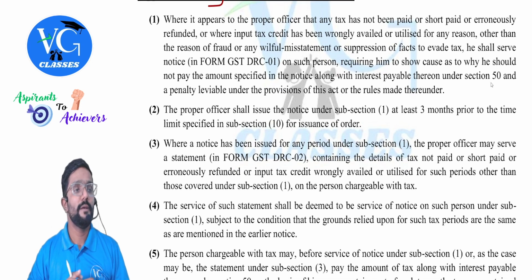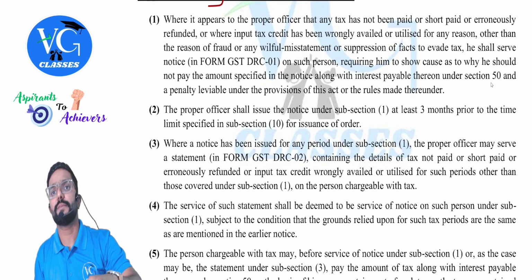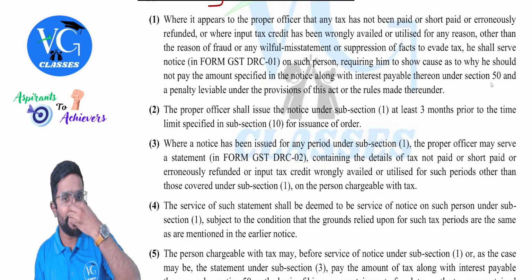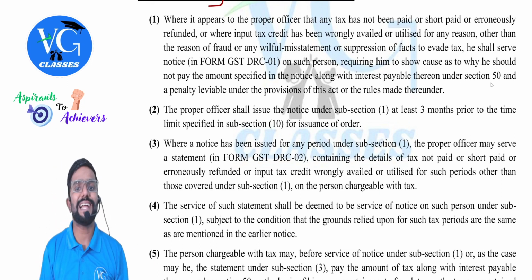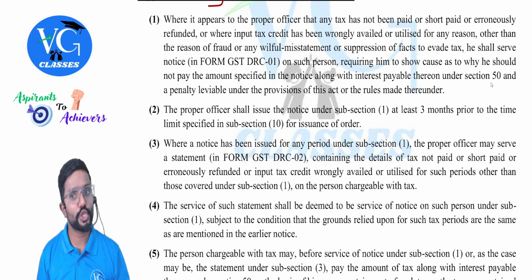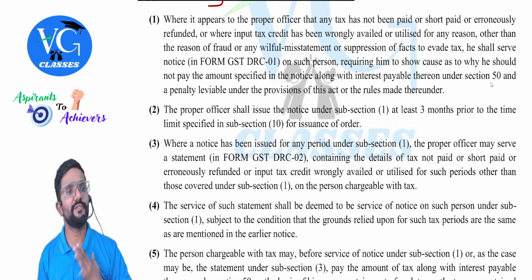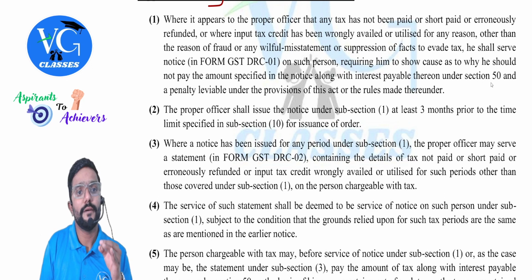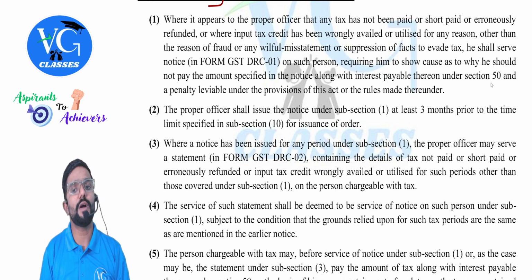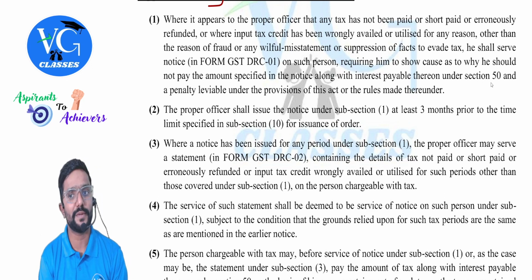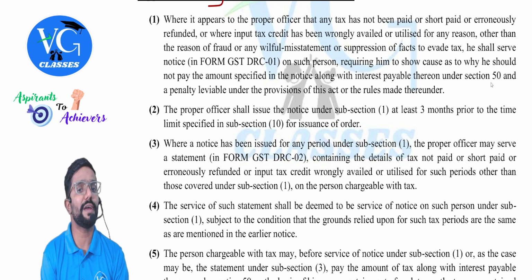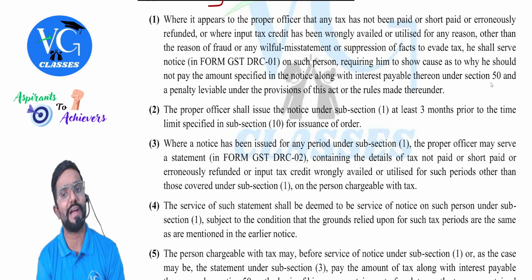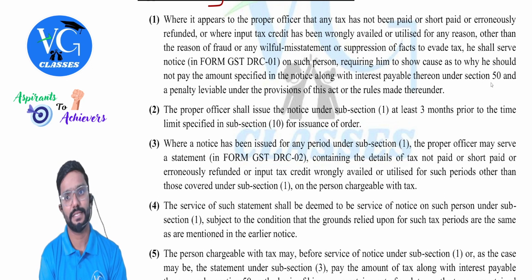Subsection 1 of section 73. Where it appears to the proper officer that any tax has not been paid or short paid or erroneously refunded, means even though I am not eligible, I have claimed more, or where the input tax credit has been wrongly availed or utilized for any reason other than fraud or any willful misstatement or suppression of fact to evade tax, he shall serve a notice in form GST DRC 01.